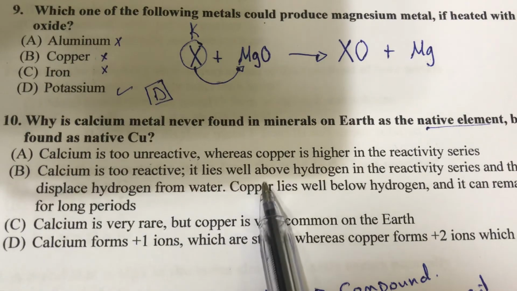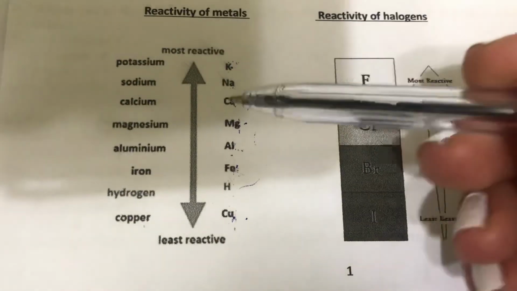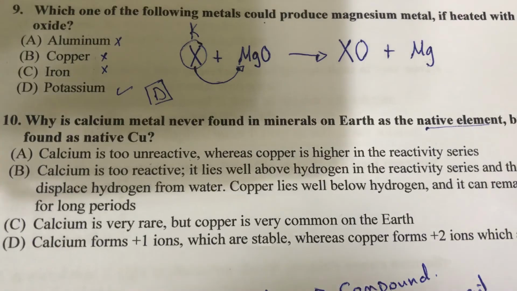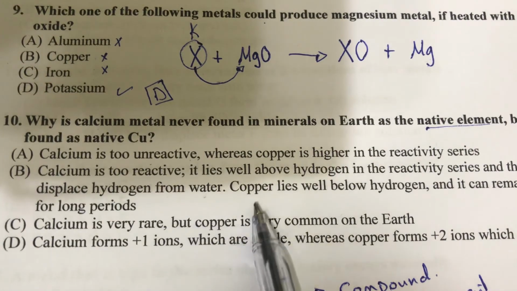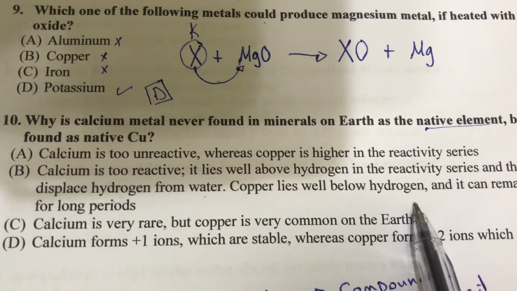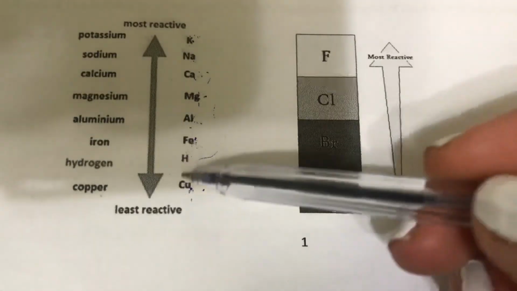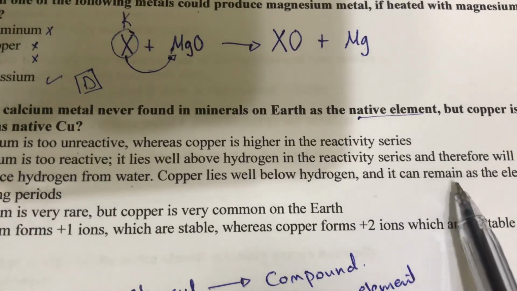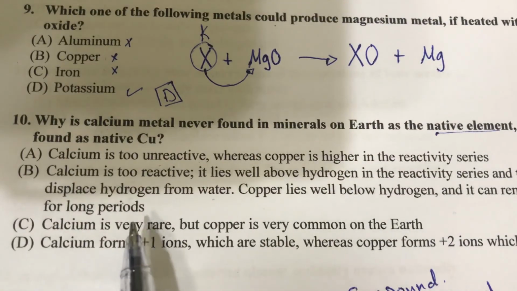It lies well above hydrogen in the reactivity series. Calcium is above hydrogen in the reactivity series and therefore will displace hydrogen from water. Copper lies well below hydrogen, and here copper, below hydrogen, can remain as the element for a long period.